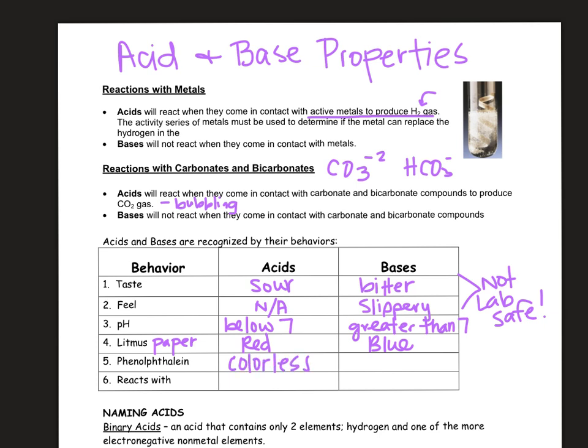If you put it into an acid, it's just going to be the color that it was, which is usually clear. When it's put into a base, it turns a bright pink or a dark magenta almost. Sometimes people say red, but it's really a pink magenta color. That would indicate that it was a base. Obviously, the darker it is, the higher on the pH scale it's going to be.